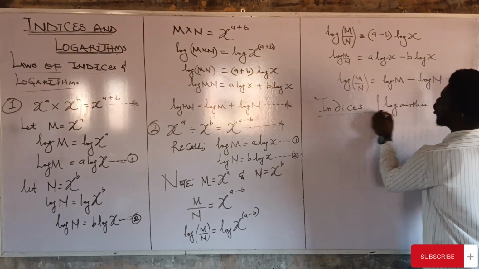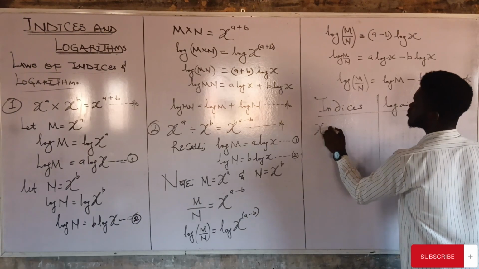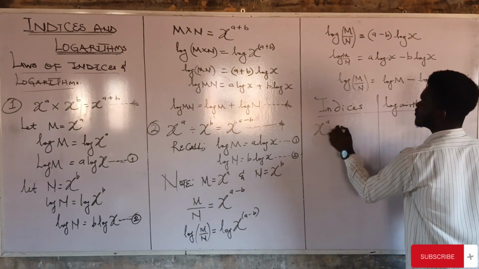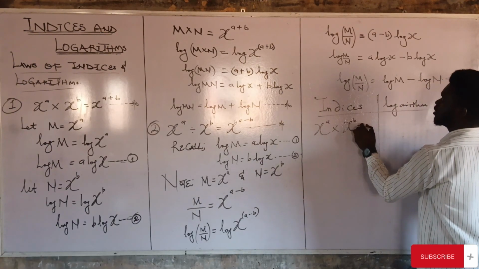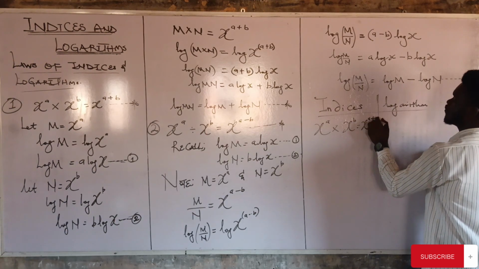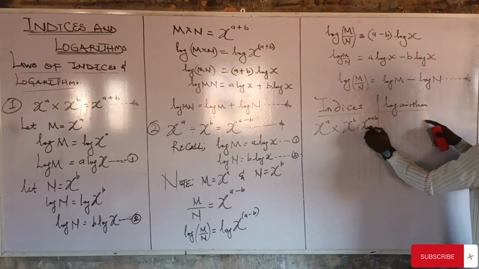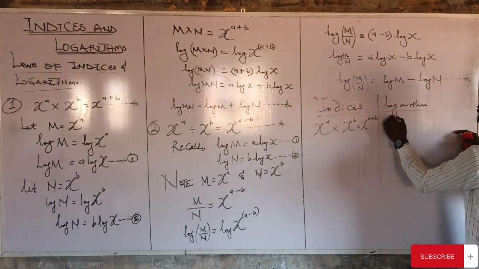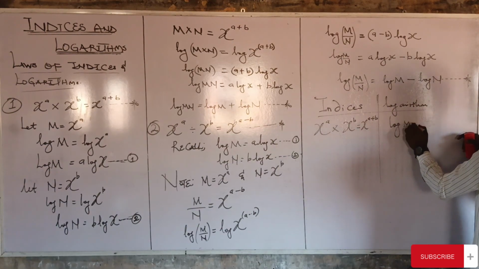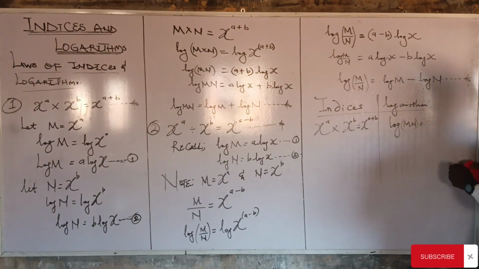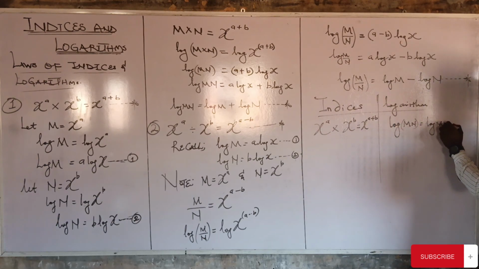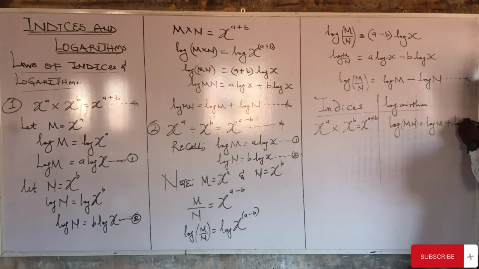So for the product law for indices, we have x to the power of a times x to the power of b equals x to the power of a plus b. In similitude, the logarithm product law is going to be log of mn equals log m plus log n.